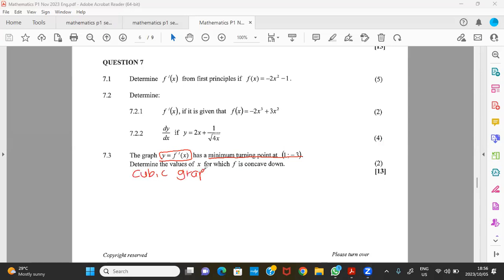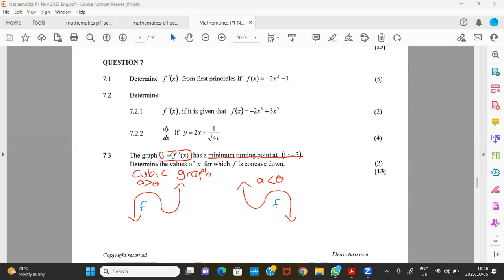A cubic graph, as I've shared before, will look either something like this if a is positive, or something like this if a is negative. These graphs are my f, but it can only be one. Since we don't have all the information, it can be either one of these two.